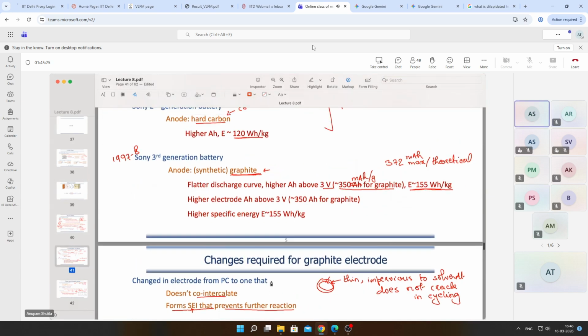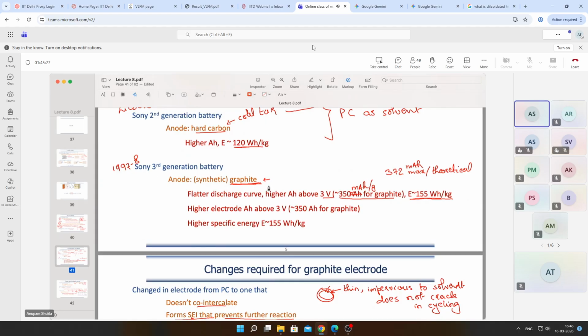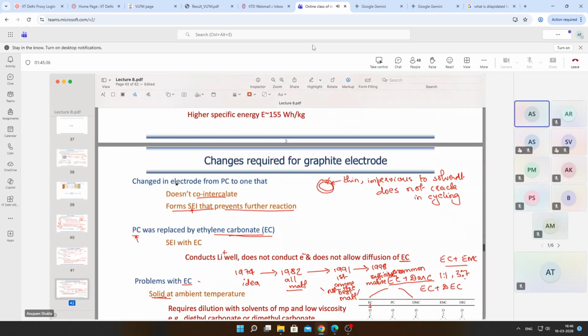How was Sony able to get this graphite to work in the battery, which was not possible from 1991 to, let's say, 1996? They changed the solvent.